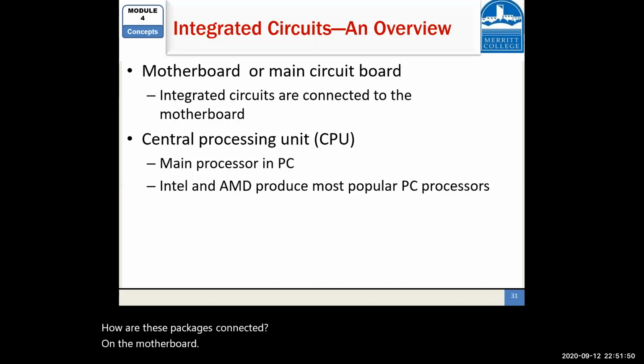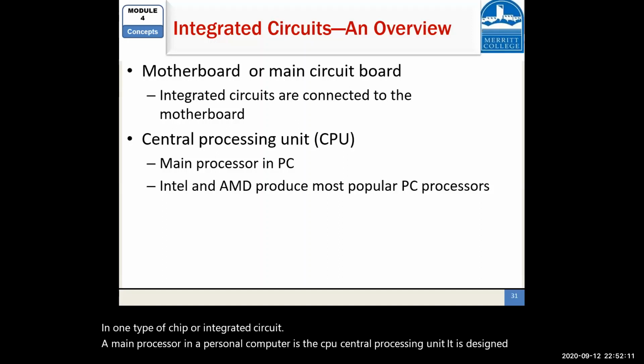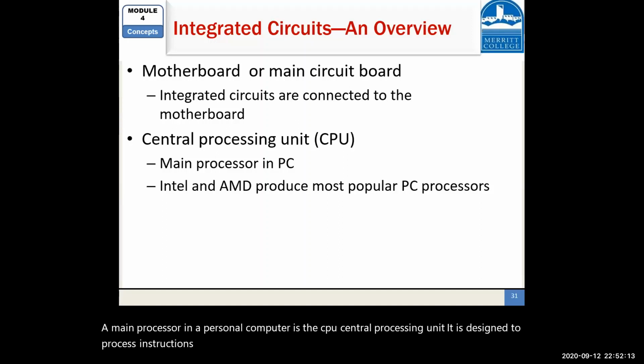What is a processor? A processor is also called a microprocessor, and is one type of chip or integrated circuit. The main processor in a personal computer is the CPU, Central Processing Unit. It is designed to process instructions. A processor is a very complex integrated circuit containing hundreds of millions of miniaturized electronic parts.